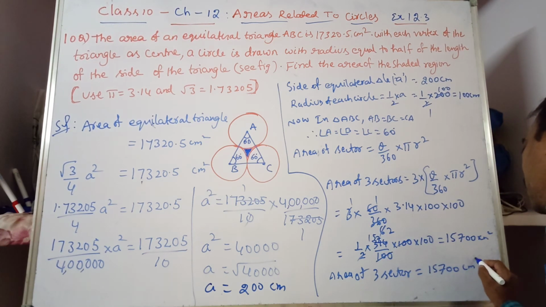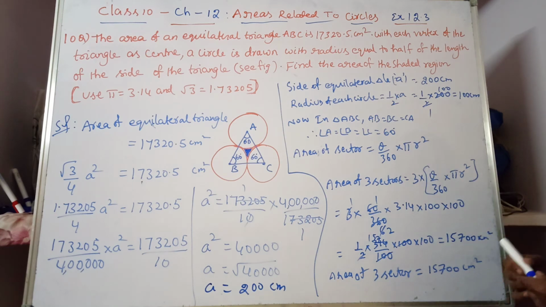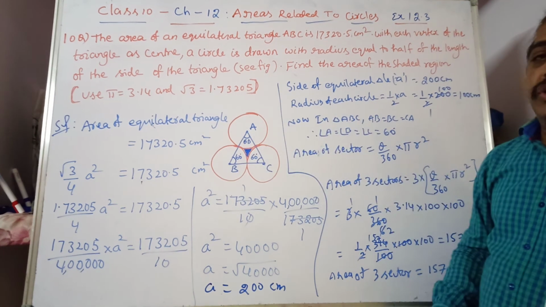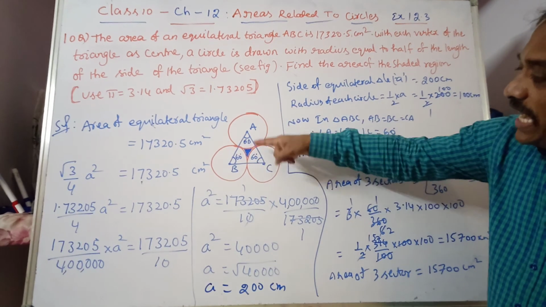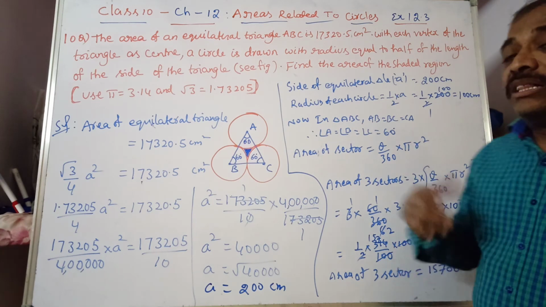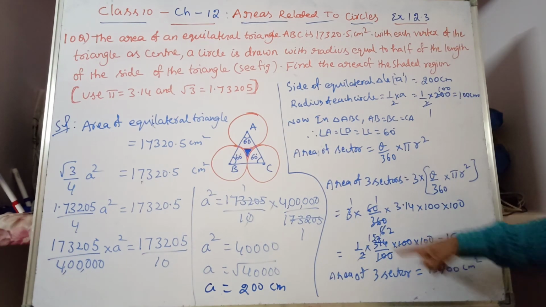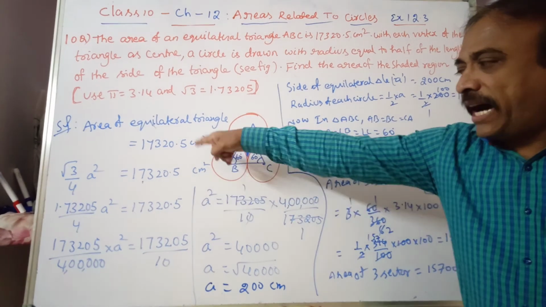Area of 3 sectors is equal to 15,700 centimeter square. But what is he asking? Is he asking the area of 3 sectors? No, he is asking the area of the shaded portion. How to obtain it? Area of the shaded portion is equal to area of triangle minus area of 3 sectors. So copy this one. I will erase this part.